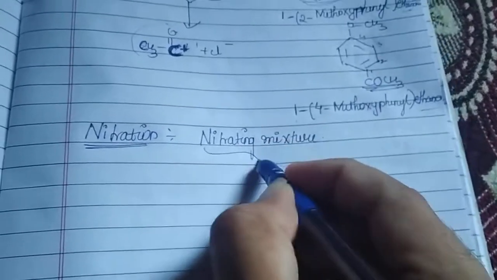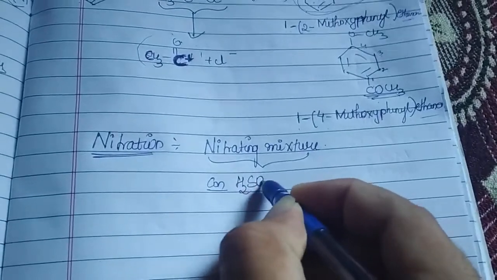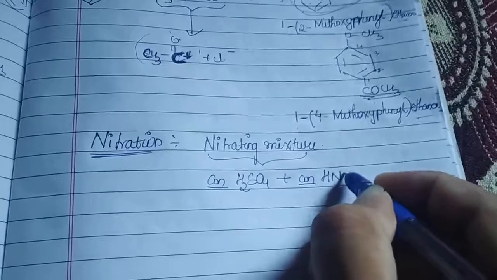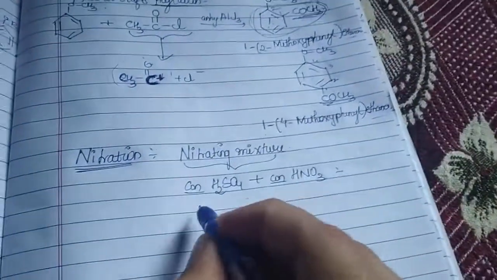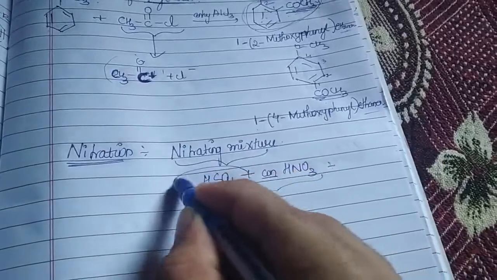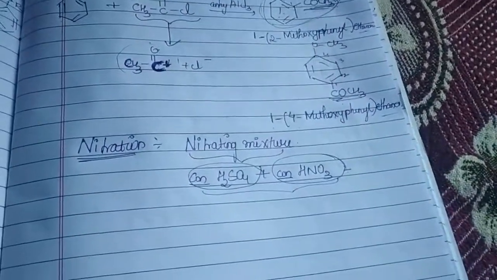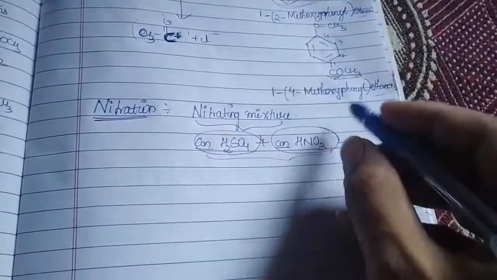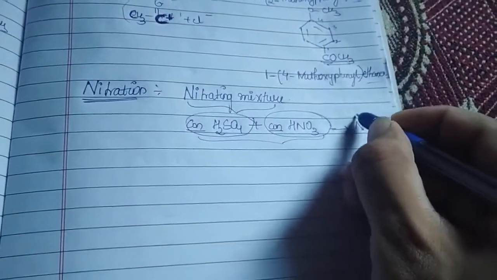It's a mixture of concentrated sulfuric acid plus concentrated nitric acid. I have explained these reactions earlier also. In this mixture, sulfuric acid acts as an acid, and nitric acid acts as a base. One of my favorite reactions when I was in PUC. So with the mixture, the electrophile generated is NO2 plus.